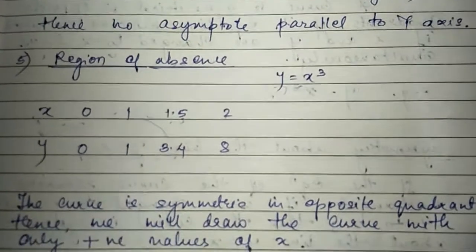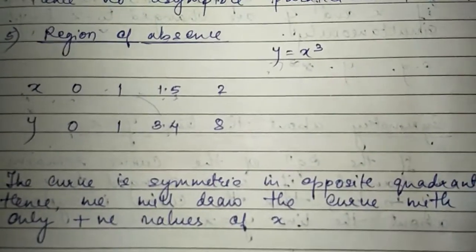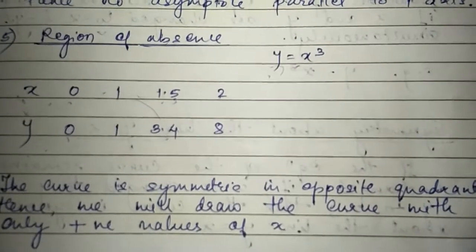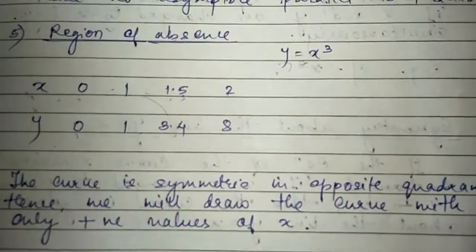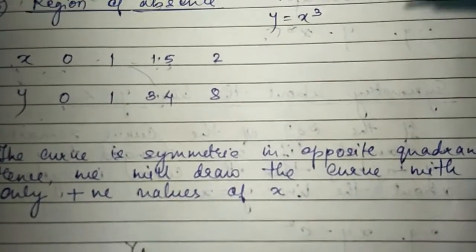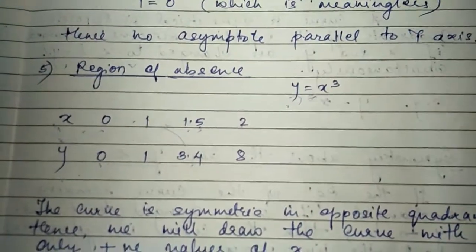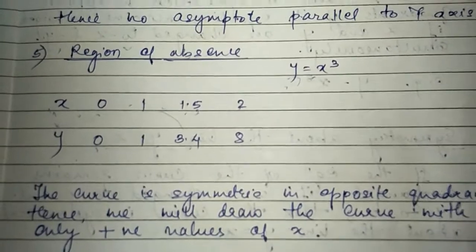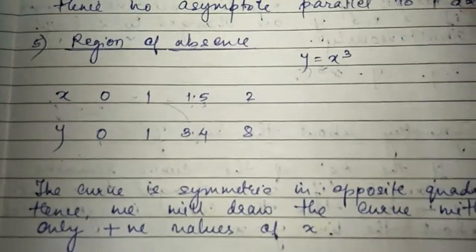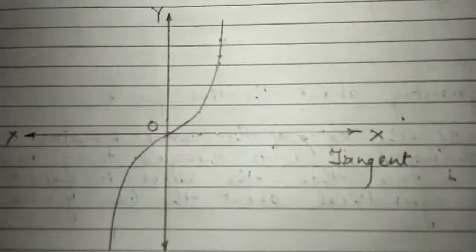Now the given curve is symmetric in opposite quadrants. So while plotting the curve, we'll draw the curve only with the positive values of x, and the remaining part of the curve can be plotted because the curve is symmetric in the opposite quadrants.